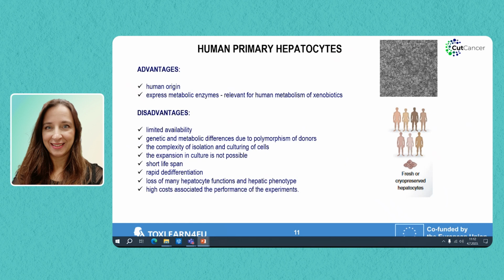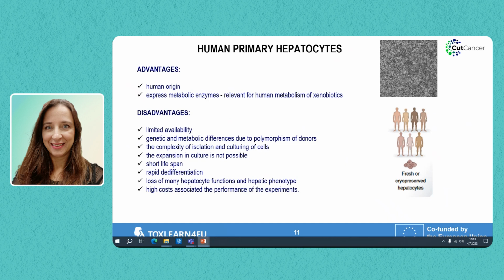Also, if we want to isolate and culture the cells, it is a very demanding, complex task, and expansion of the culture is not possible because primary human hepatocytes do not divide in cell cultures. And this is also connected to the short lifespan. The cells in vitro, on the plastic surface, very rapidly differentiate and lose many hepatic functions and hepatic phenotypes.